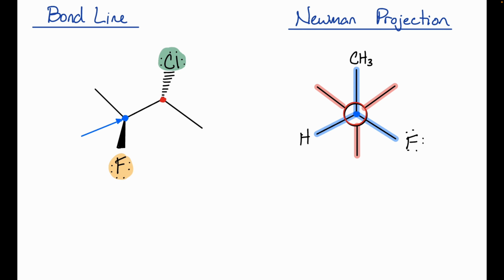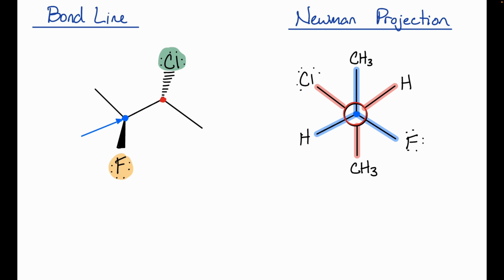If I look at my back carbon, that methyl group is pointed down. My chlorine, which is pointed into the page here, would then be on the opposite side of where my fluorine is, right? My chlorine over here is pointed to the left. And my hydrogen is on the opposite side.